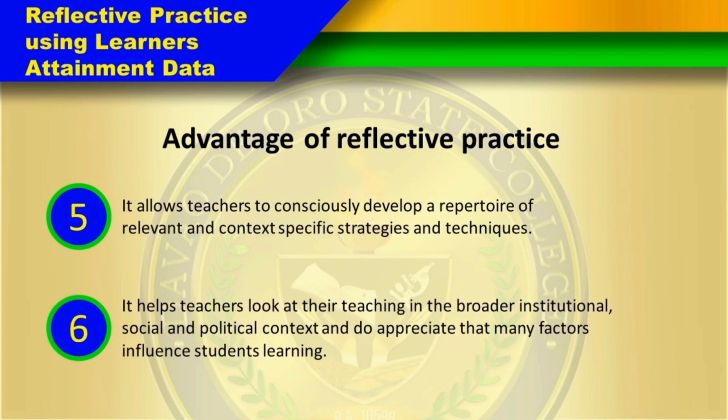Number 5 is it allows teachers to consciously develop a repertoire of relevant and context-specific strategies and techniques. Number 6 is it helps teachers look at their teaching in a broader institutional, social, and political context, and appreciate that many factors influence students' learning.